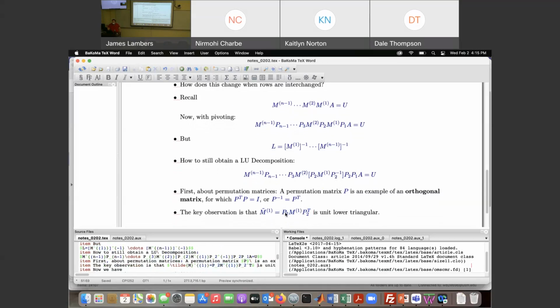Whatever row swap P2 performs, those rows are swapped in M1, but then the corresponding columns are also swapped. The result is that the matrix is still unit lower triangular. It's not the same matrix, but it still has the same structure.